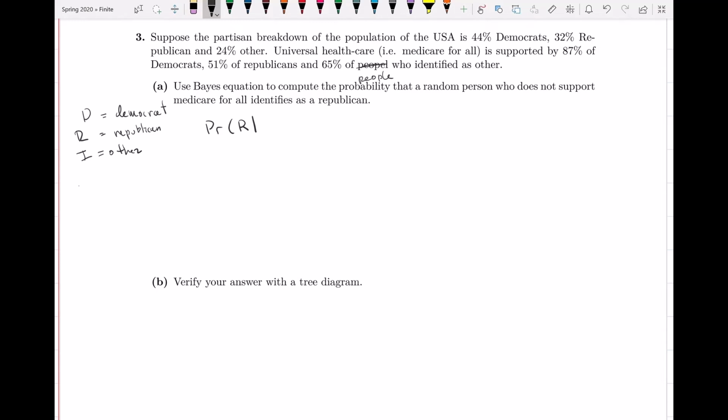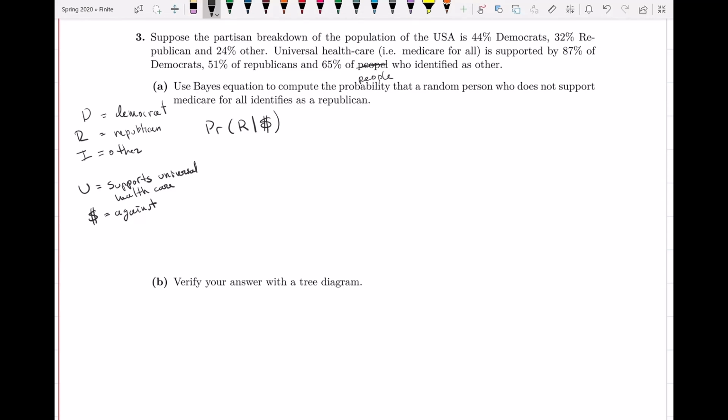So let's say U equals supports universal health care, and then let's use a dollar sign for against. All right. So we want the probability that somebody is Republican given that they don't support healthcare.